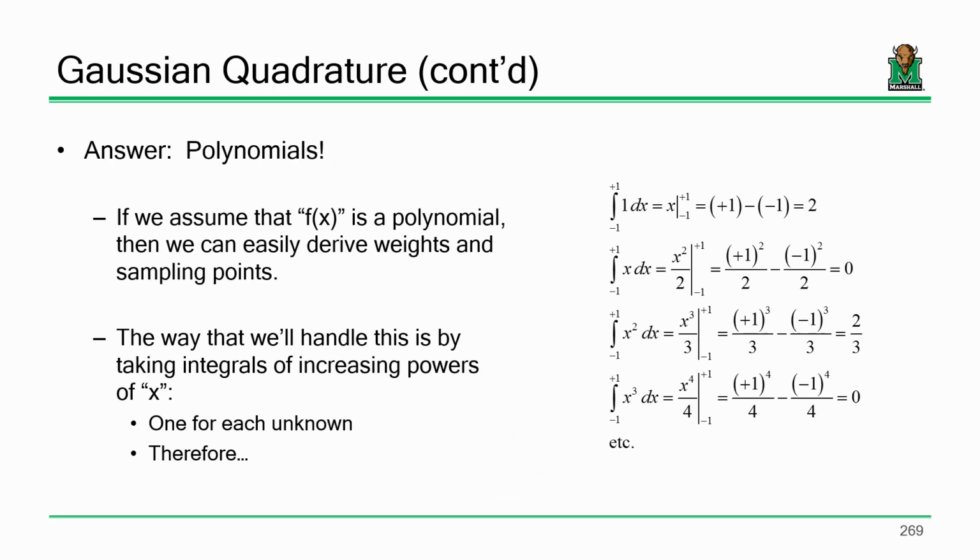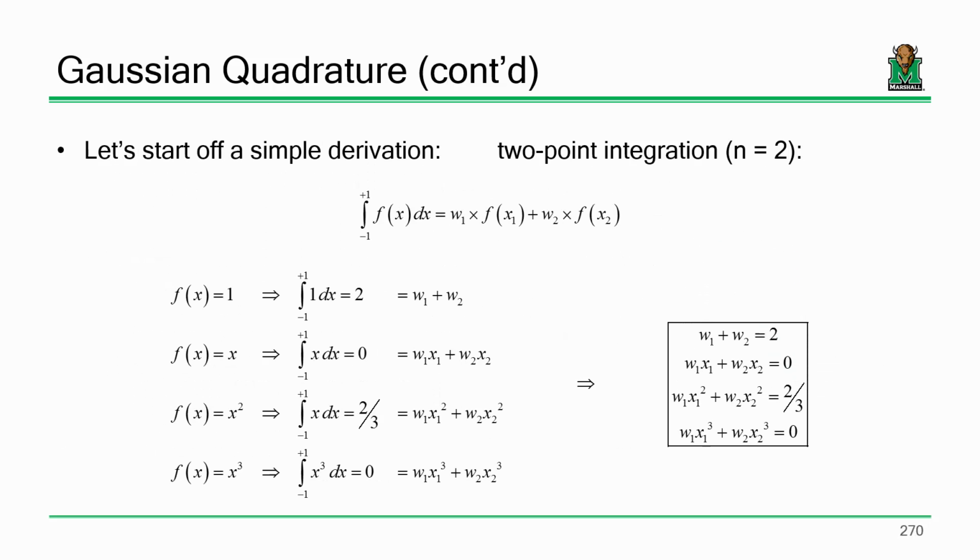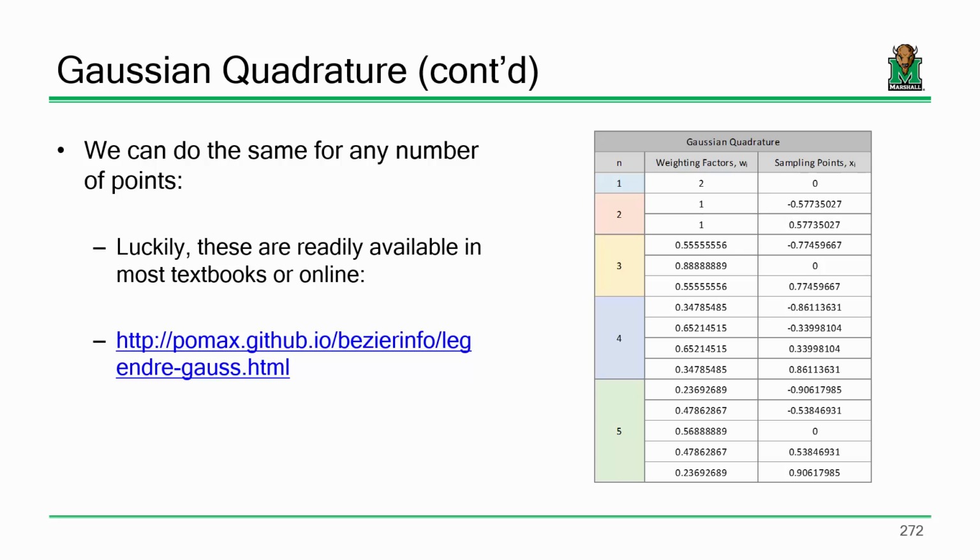So according to a Gaussian quadrature scheme, we know that these 2 points are somewhere between -1 and +1, and those magic points are about minus 0.577 and plus 0.577. And that's 2-point integration. If you're dealing with 3-point integration, you're going to have different weights and different sampling points. Same thing for 4 points, same thing for 5-point, and what have you. But in the end, I think you'll find that the methodology is pretty straightforward.